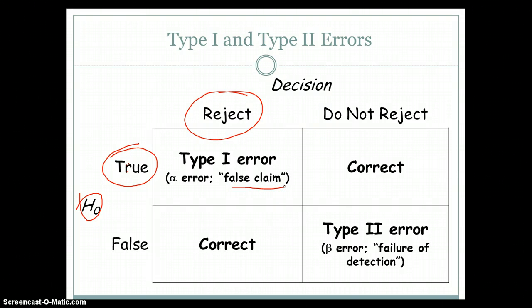A type 2 error is when the null hypothesis is false, meaning that something really is going on, but we don't reject it. That's sometimes called the failure of detection. And it's important, in addition to the p-value, we also sometimes look at alpha levels, and that's the Greek symbol for alpha. So this is an alpha error, making a false claim, or a type 1 error. So now you know where that terminology comes from.